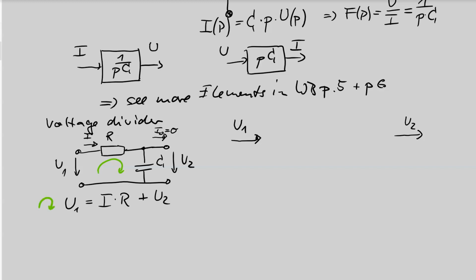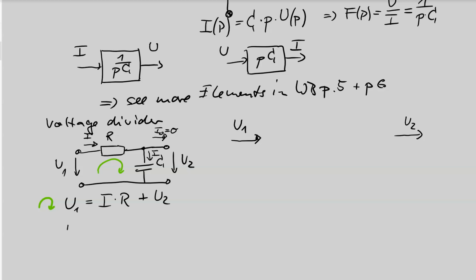So in green. And the second rule is, of course, I have already used the voltage drop over the resistor, so Ohm's law is already used. I know the current I has to flow through the capacitor because the output current is 0. So the node rule at this point forces this current to flow through this capacitance. And here, the current through the capacitance and the voltage over the capacitance, we have done with the capacitance rule.